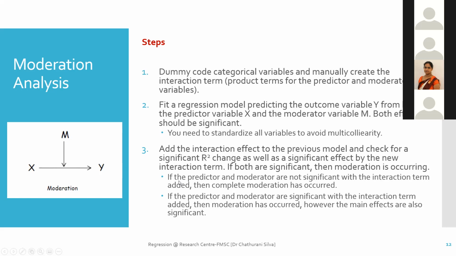But two things you have to clarify. If the predictor and moderator are not significant with the interaction term added, then complete moderation has occurred, right? Just suppose that you got a significant moderation effect, that means the X times M product term was significant, but the X variable was not significant at that time, and their individual effects are not significant, which means this moderation is a full, complete moderation, right?